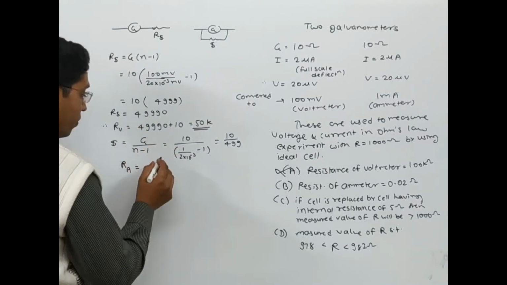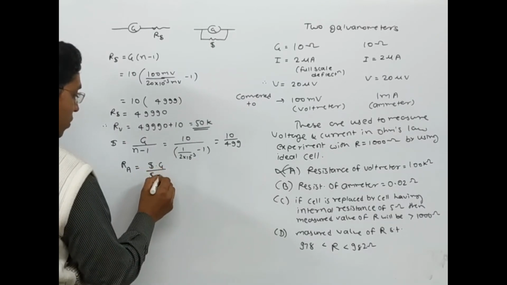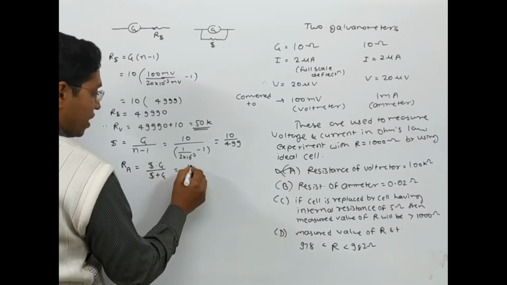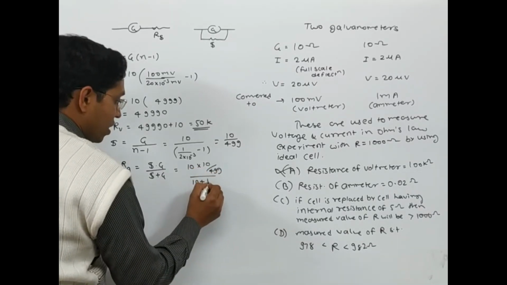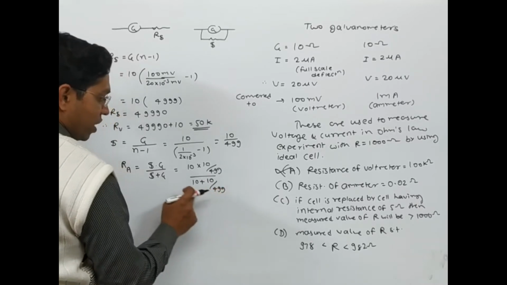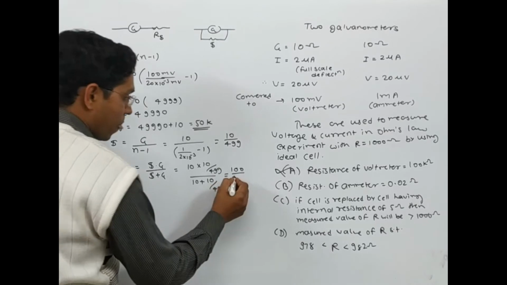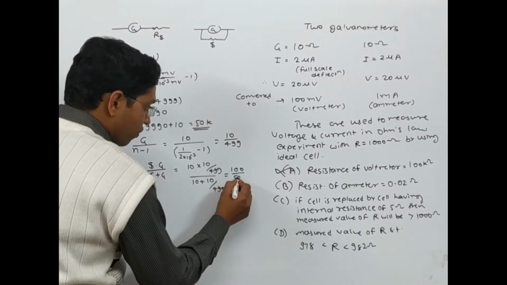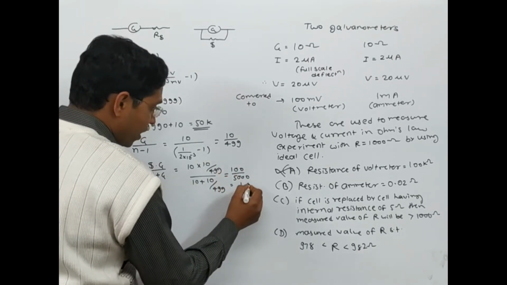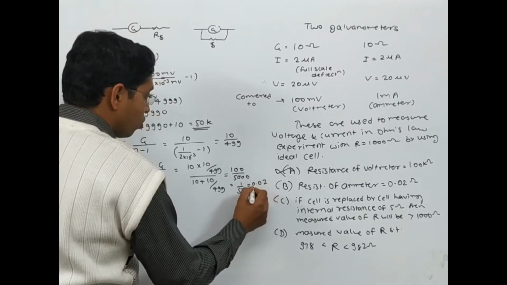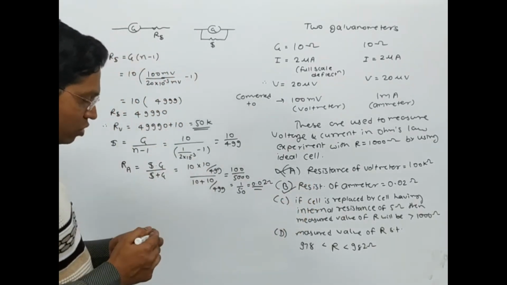It is S into G upon S plus G. So it will be 10 into 10 upon 499 divided by 10 plus 10 by 499. If I multiply by 499, it gets cancelled out. So it is 100 by 5000, which is 1 by 50, so it is 0.02 ohm.